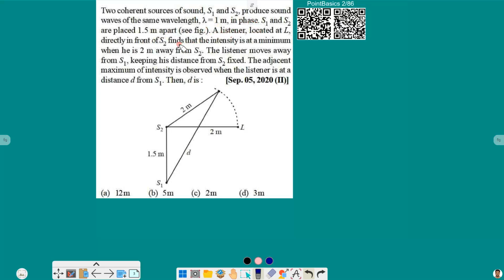A listener located at L directly in front of S1 finds the intensity at its minimum when he is 2 meter away from S2. The listener moves away from S1, keeping the distance from S2 fixed. The adjacent maxima of intensity he observes when the listener is at a distance d from S1. Then d is. So we have to find the value of d here.